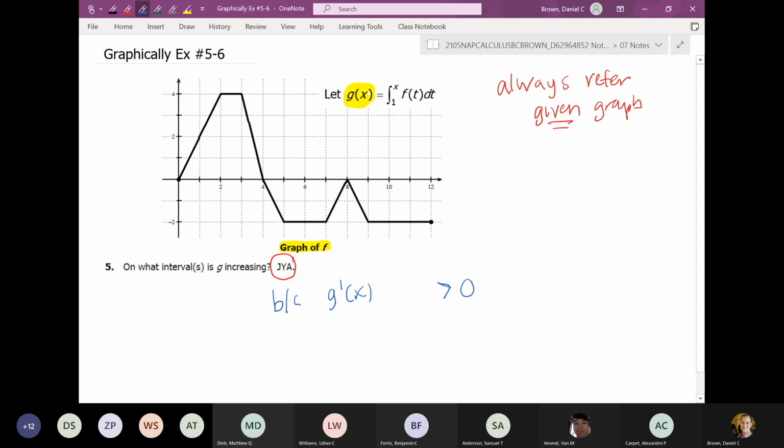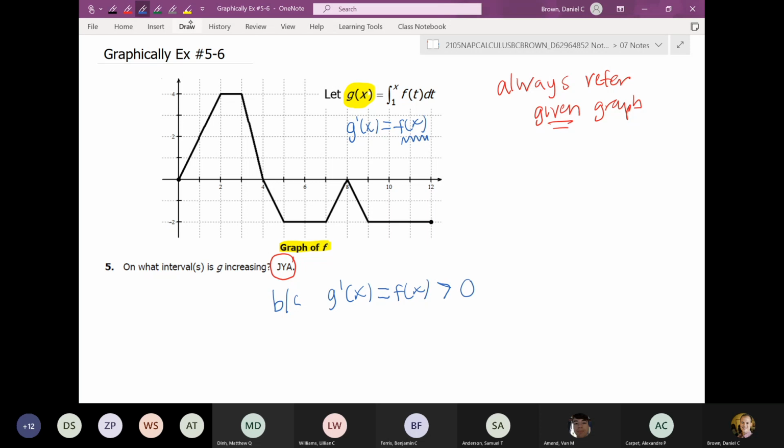Using the second FTC in the common case, I know that g prime of x is equivalent to f of x. This is a statement I can use because f of x is the graph that is given. So I'm going to write it as g prime of x, which is equal to f of x, which is greater than 0.